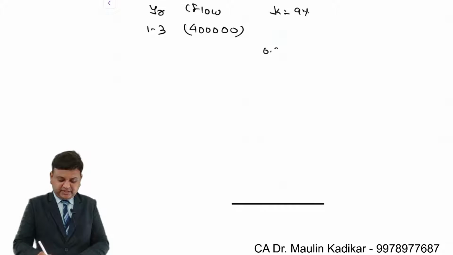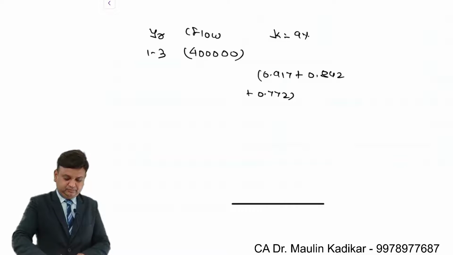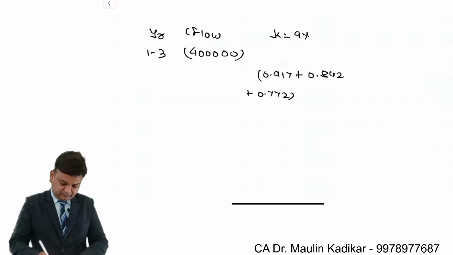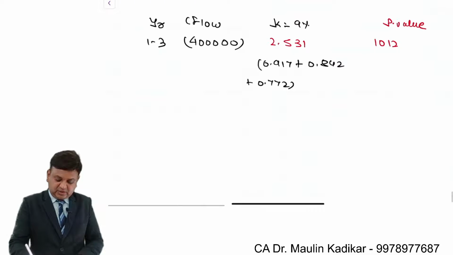First year factor is 0.917, second year factor is 0.842, and third year factor is 0.772. So year 1 to year 3 factor summation, 0.917, 0.842, 0.772, is 2.531. Present value is 2.531 into 4 lakhs, so 10 lakh 12,400.